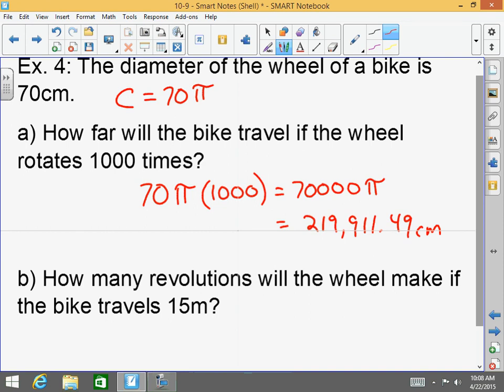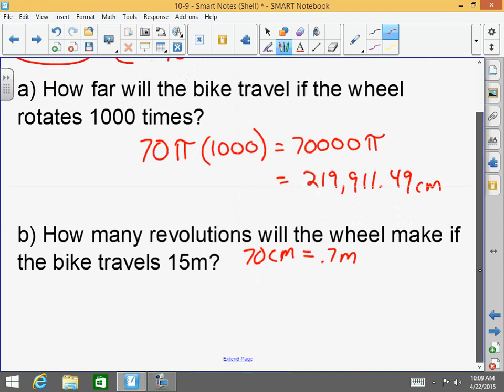If I want to recalculate this using meters, I've got to turn 70 centimeters into meters. I've got to move my decimal 2 places to the left. So first thing we want to do is recalculate the diameter in meters. So 70 centimeters will equal 0.7 meters.